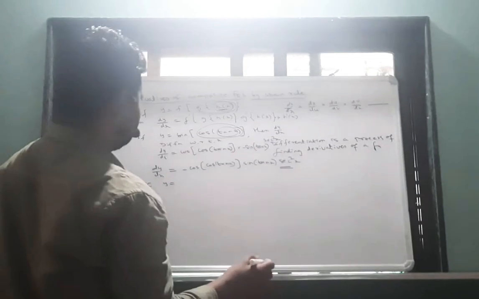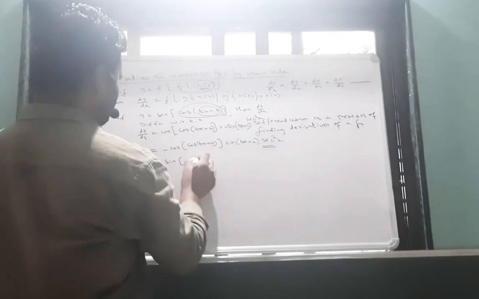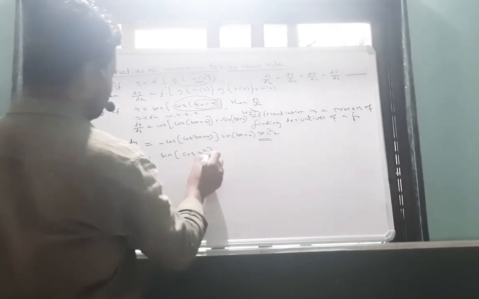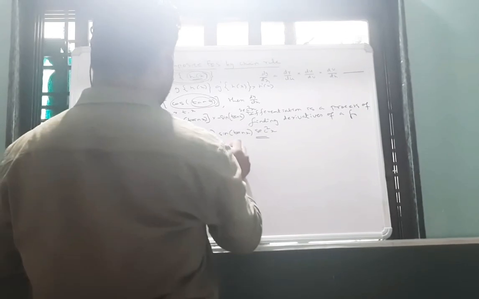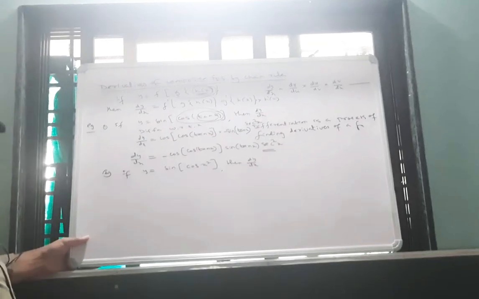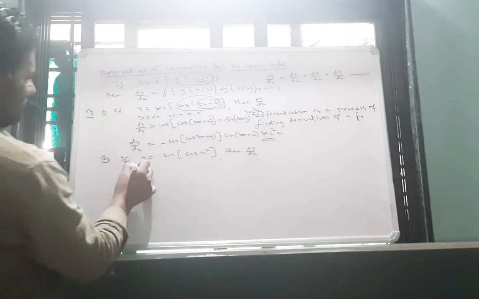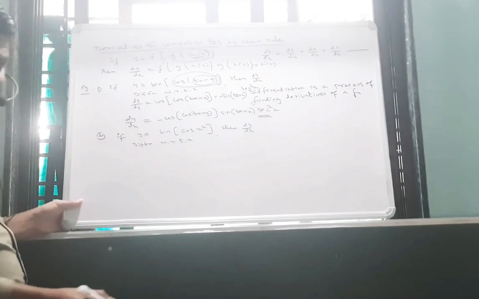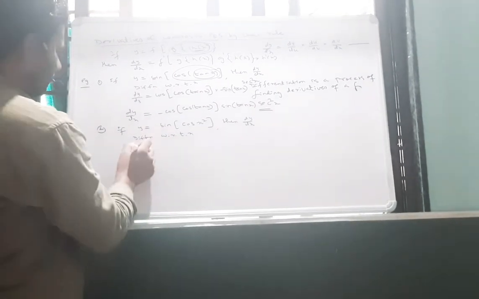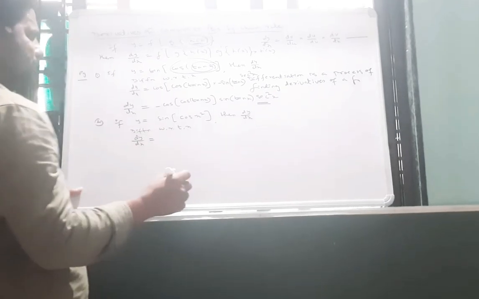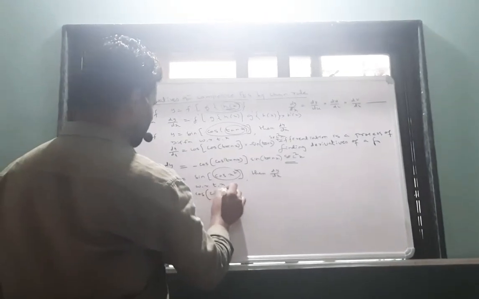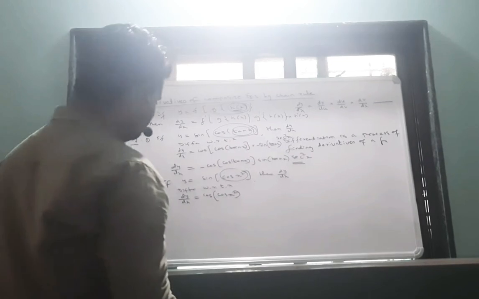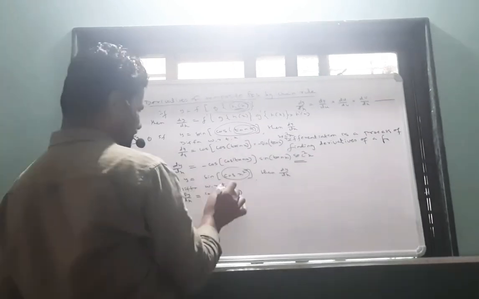If y is x square sin of cos x square, we differentiate this function with respect to x. Then dy by dx is equal to x square, now sin is differentiated.